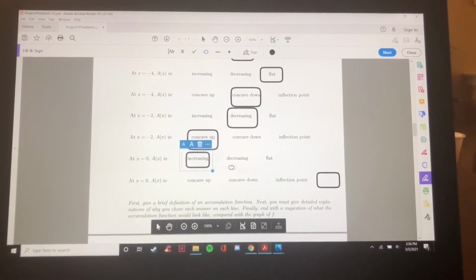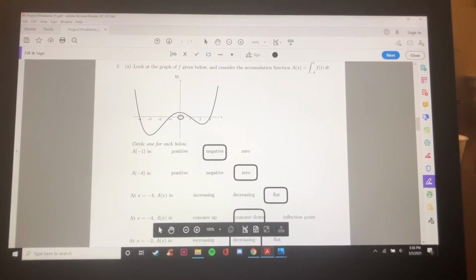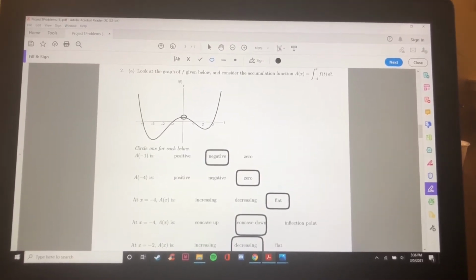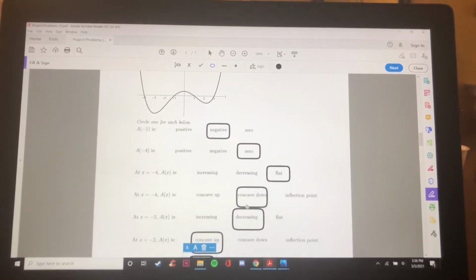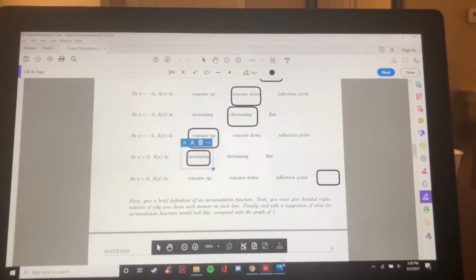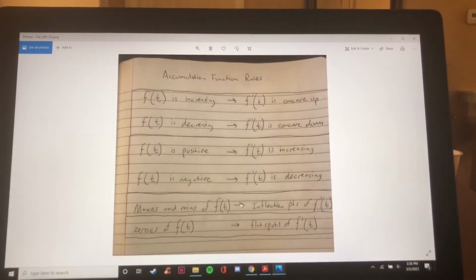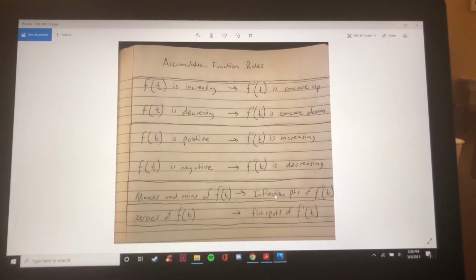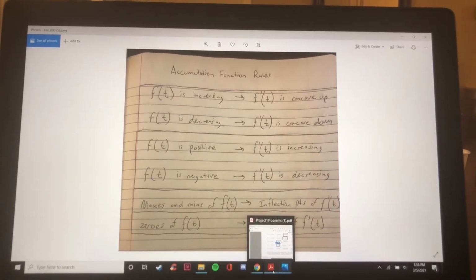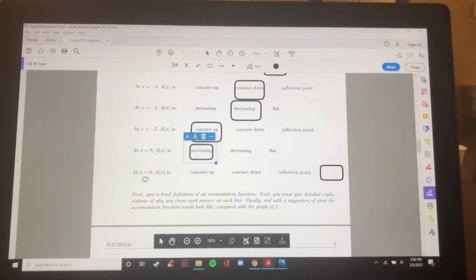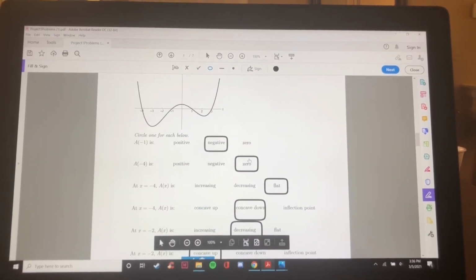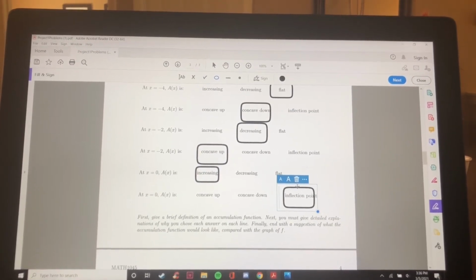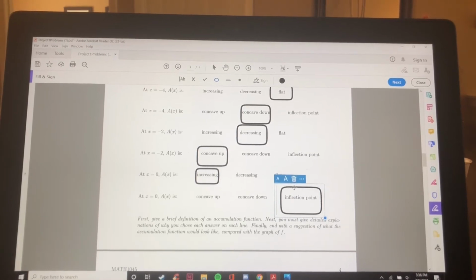Well, as you can see, at x equals 0, that right there is a flat spot. And according to our extended table, maxes and minimums of original functions are the inflection points of accumulation functions. So what does that mean? At x equals 0, A of x is going to be an inflection point. Neither concave up nor concave down.